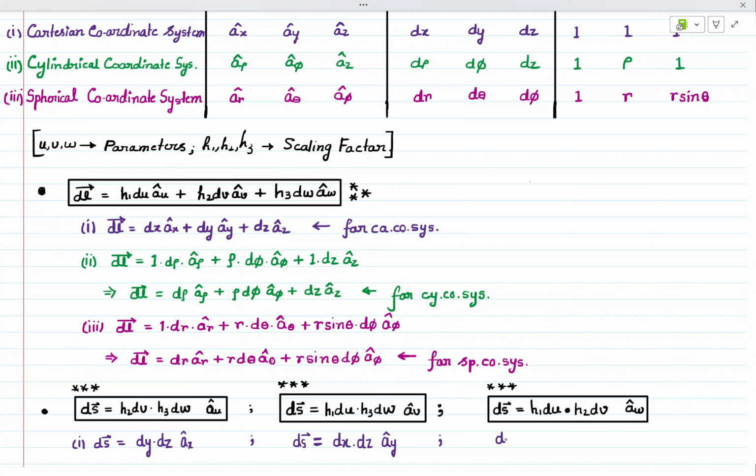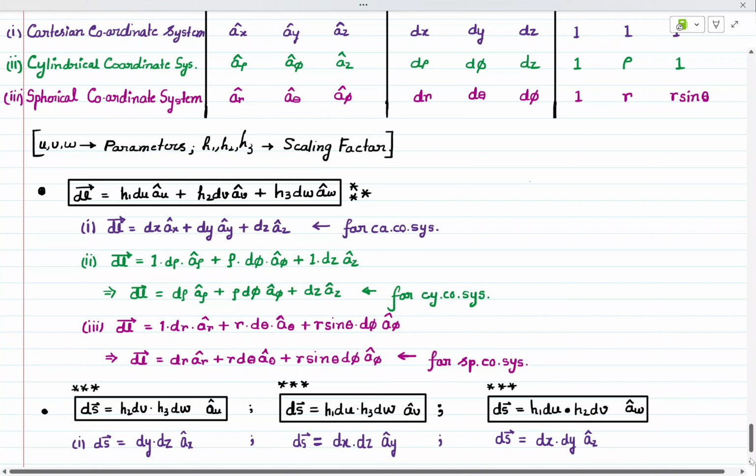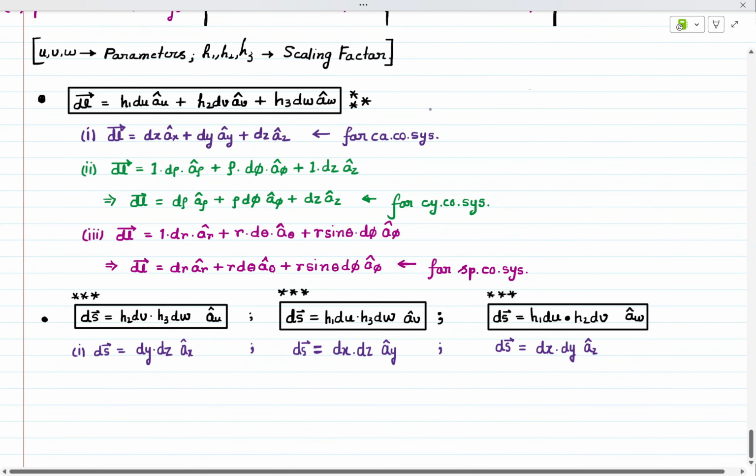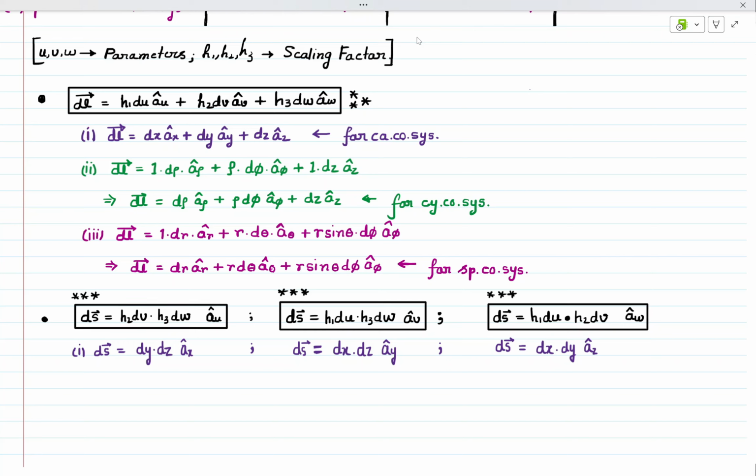And similarly, what will be the ds? h1 into du, that is nothing but 1 into dx, into 1 into dy in the direction of az. I have written it here for the Cartesian coordinate system, right?